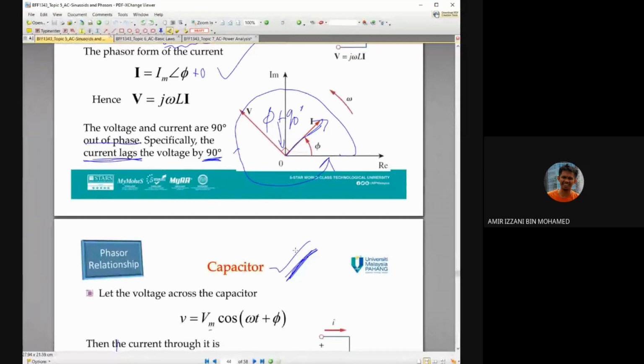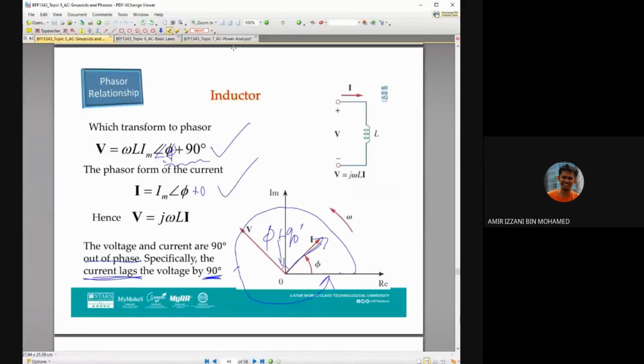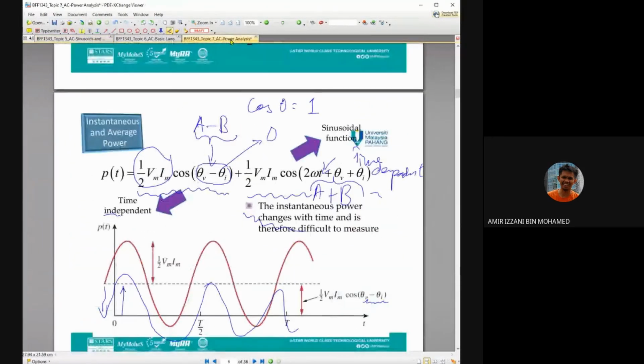What will cause the leading? If there is no lagging or leading, it means no phase shift difference. So what components can do that? R, L, or C? You decide.